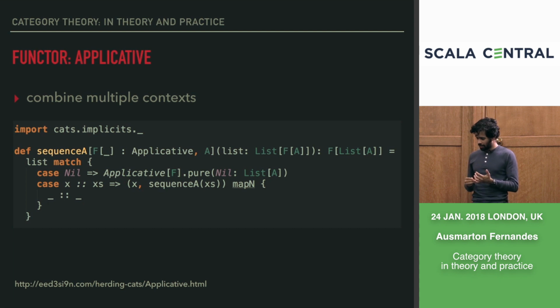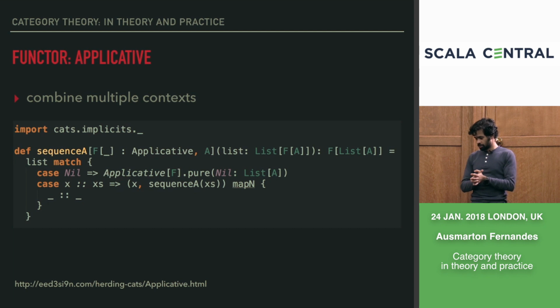This is an example I've just picked up from Herding Cats. I think that's a very good resource on Cats and Scalaz. There's a very good comparison of Learn You a Haskell for Great Good to what is possible in Scala using these two libraries.